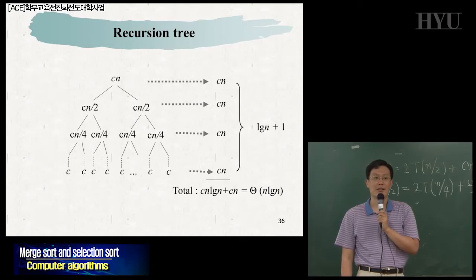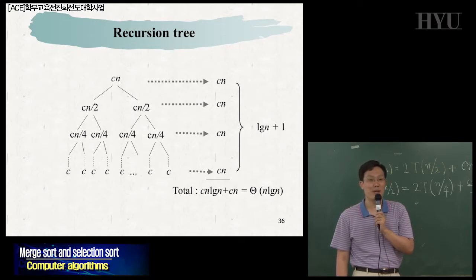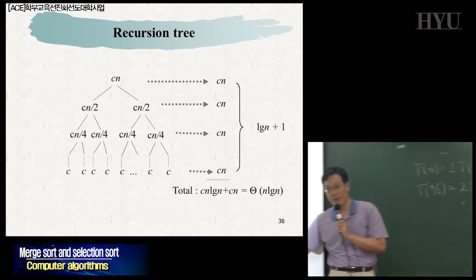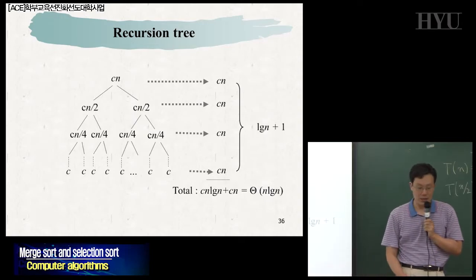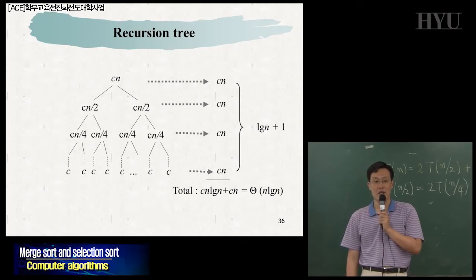And cn log n is asymptotically bigger than n, which will be explained on Friday. So we can safely remove the linear term, and its asymptotic time complexity is theta of n log n.